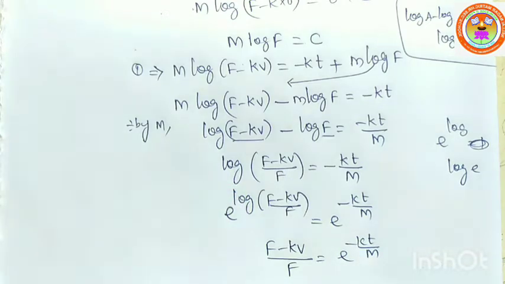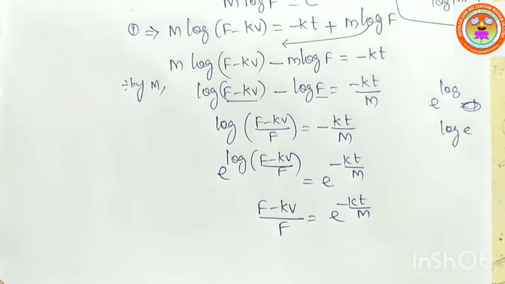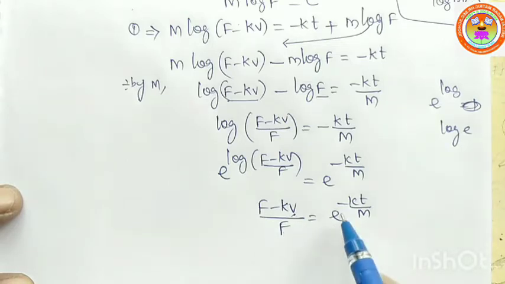But here our aim is to find the value of v. We have to express v in terms of t. So our aim is to find this v. For finding this v, what can we do? We can cross multiply this f to the right hand side.